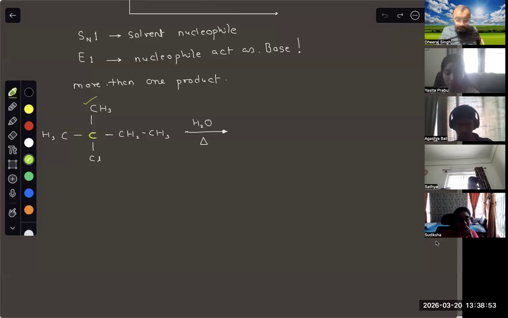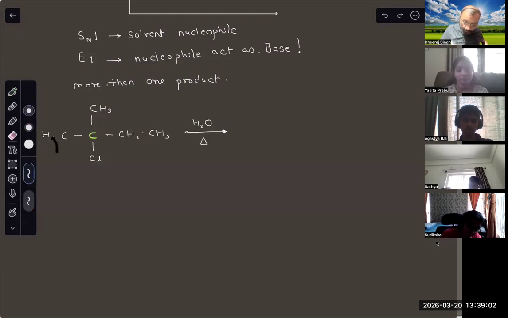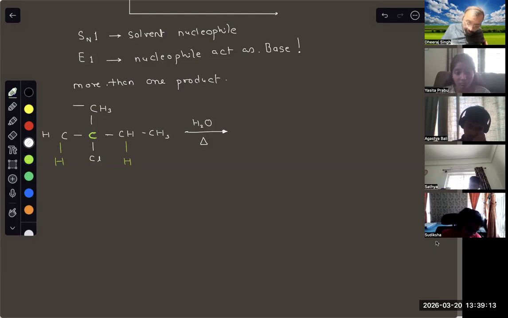So uniquely you can say 2. It can happen that hydrogen comes out from here or from there. You can say, sir, from here also hydrogen can come out. It is the same thing as hydrogen coming out from here.